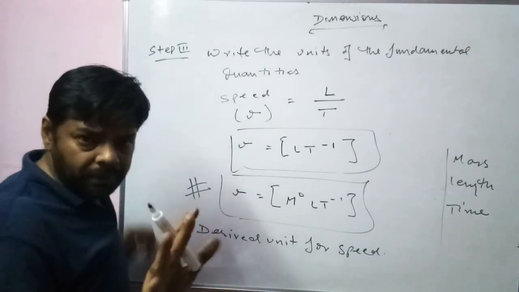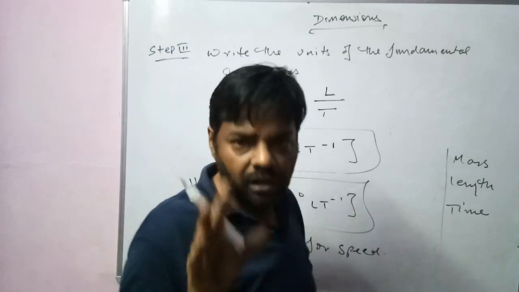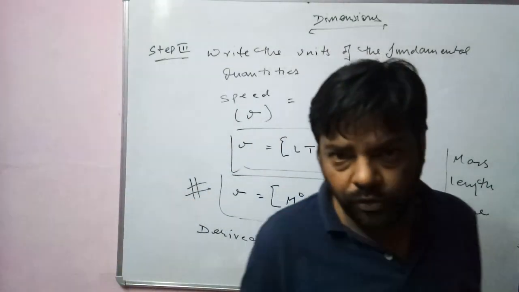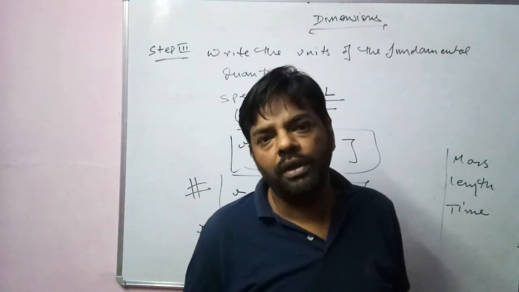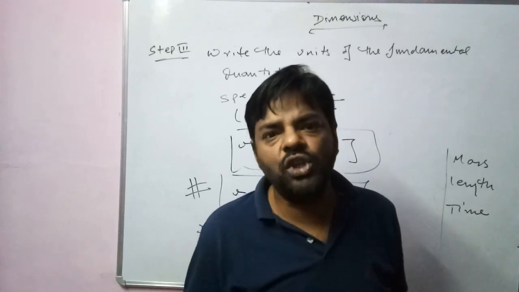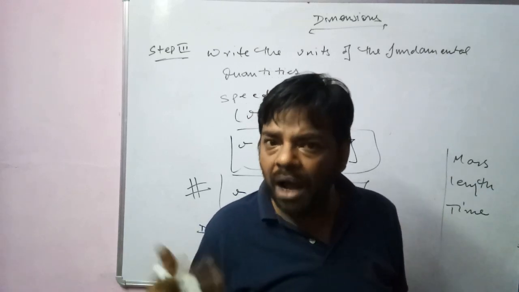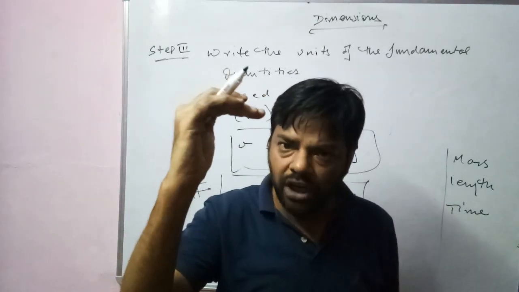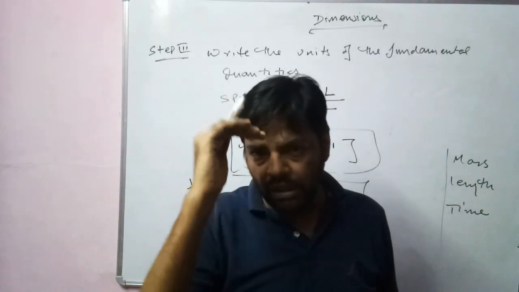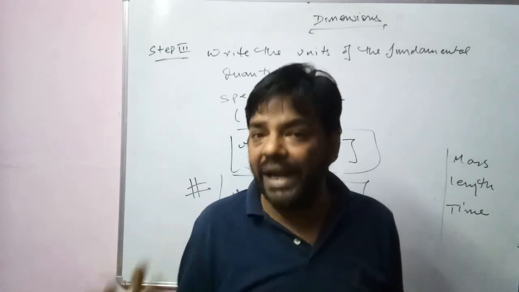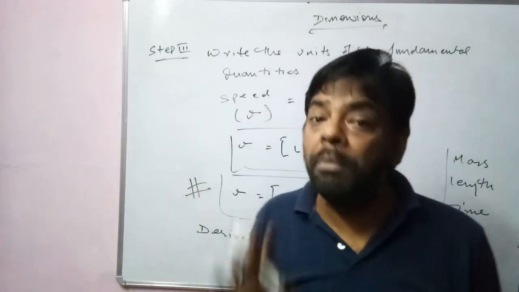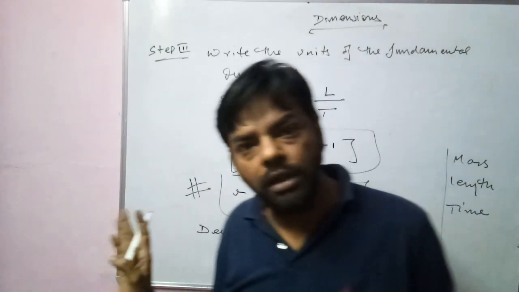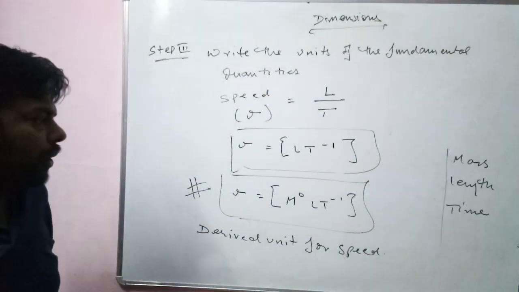Got it? Remember, those dimensions which are positive, as they are powers of the fundamental units, appear in the numerator, and those which are negative appear in the denominator in the fraction form. So how do we read it out?